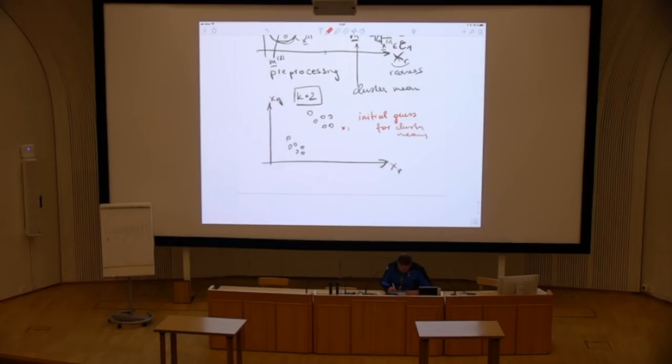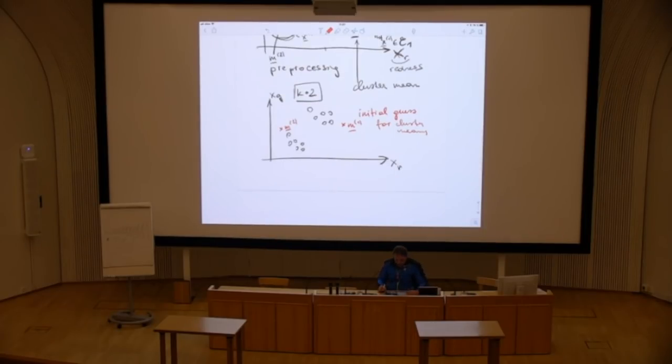So here, M1, and here, M2. So now we have cluster means. Now we can compute the distance, compare the distance, and correspondingly associate data points with the nearest cluster mean. If we connect these two and divide in the middle, this could be the decision boundary. So we would say this here belongs to cluster 1, and this here would be cluster 2.